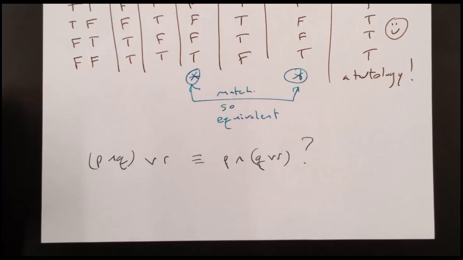How big's my truth table? I'm going to need 8 rows.